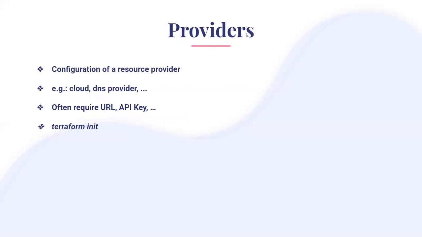Providers. They are nothing but the resource providers. Terraform supports multiple providers: AWS, Azure, Google. We need to specify the provider details for the infrastructure we want to launch, and also we need to add the token for authentication.